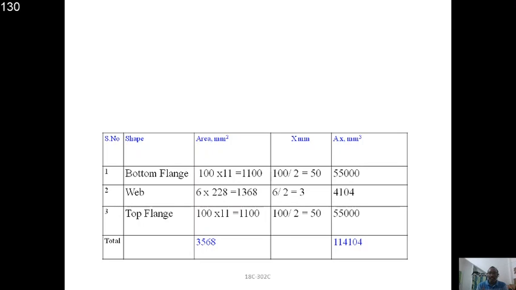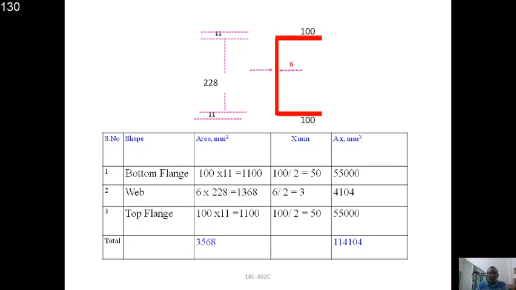Hence you take the x1, x2, x3 values and areas, then multiply, you get the ax, that is nothing but Qx, with your figure dimensions. The procedure will be the same. So for the bottom flange 100 into 11, web 6 into 228, top flange 100 into 11.